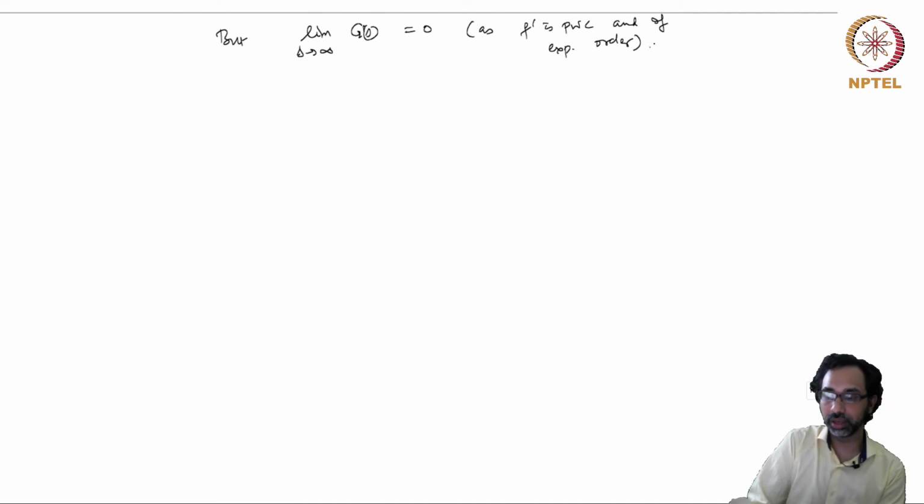So this is the asymptotic behavior of the Laplace transform as s goes to infinity, and we have seen this property before.